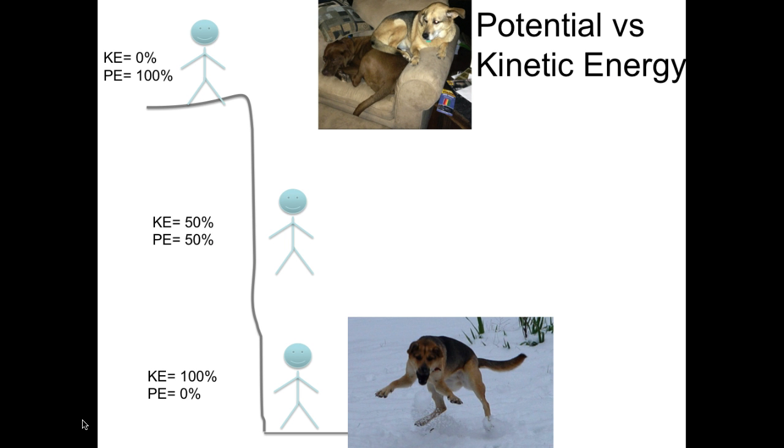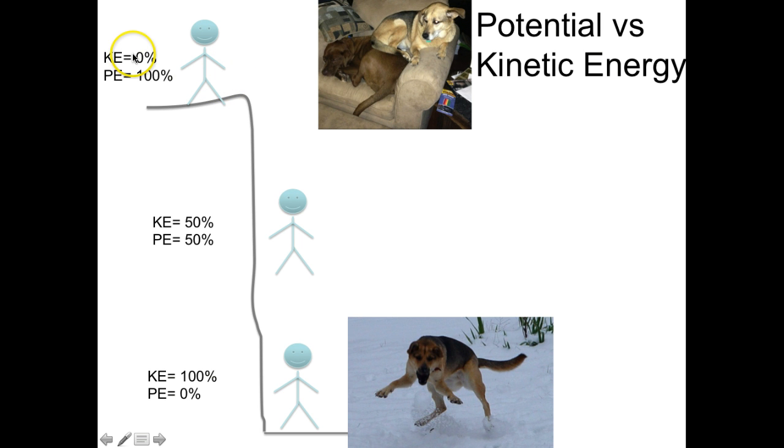So if we look at potential energy and kinetic energy, we see the little man on top of the cliff. We see Princess Molly sitting on the top of the chair, as well as on top of the other dog, Clancy. And as they're perched where they are, the man's standing on the top of the cliff, he has 100% potential energy.